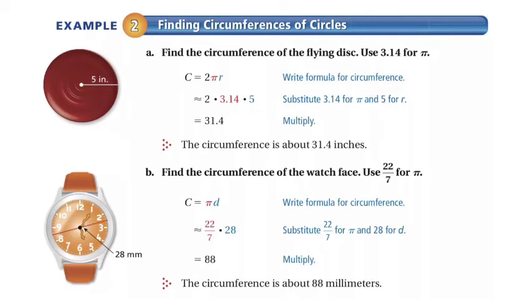So we use C equals pi d. We plug in 22 over 7 for pi. Again, we'll usually use 3.14, but for this one problem, we'll use 22 over 7. And for d, we plug in 28. So the circumference equals 22 sevenths times 28. Or the circumference is 88 millimeters. About, that is. You try a couple.